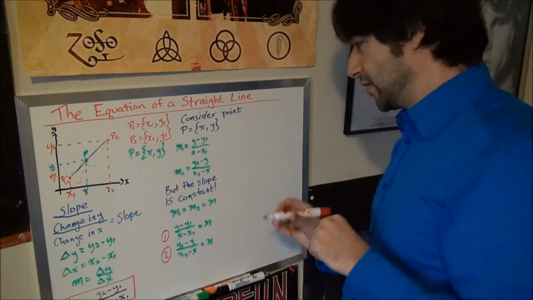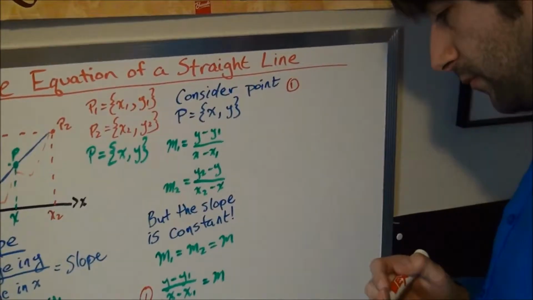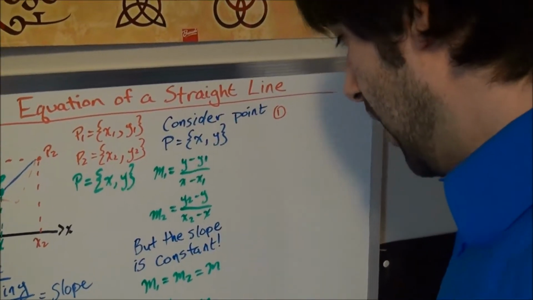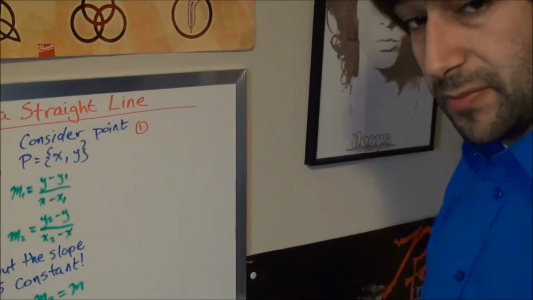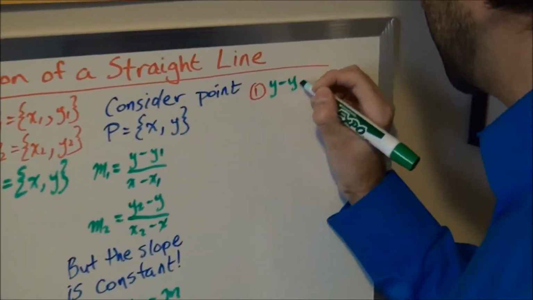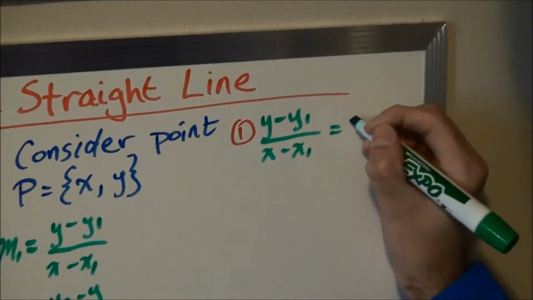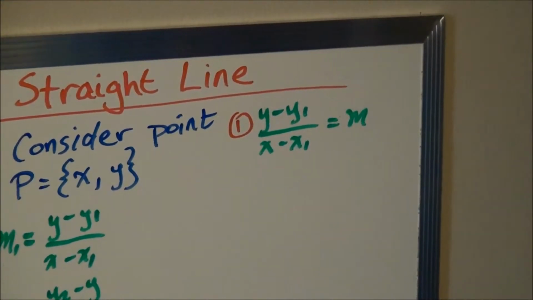Let's consider equation 1 for a second. I'll just copy it up here because I plan to manipulate it a little bit. We can go y minus y1 over x minus x1 is equal to the slope.